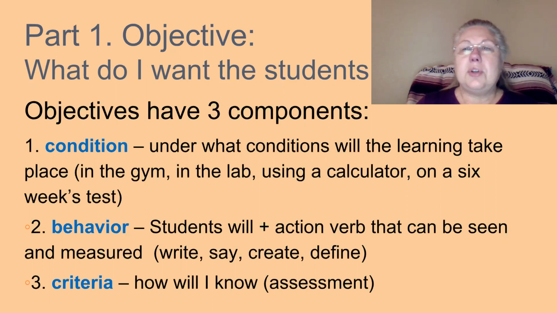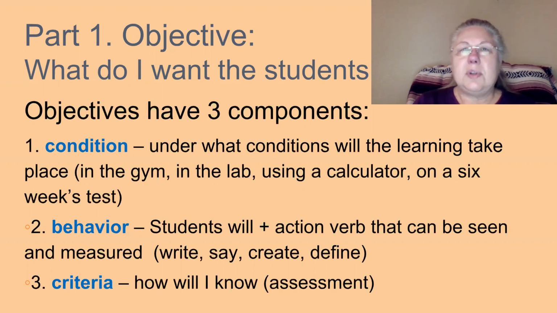Now, behavior. Behavior is always your action verb from Bloom's taxonomy. I've given you a list of several links of the Bloom's taxonomy information in your Weebly links. Okay, but it's an action verb, like they're going to list, they're going to create, they're going to identify, they're going to label, they're going to write. It has to be something that is seen and measurable. I cannot measure "the students will understand."